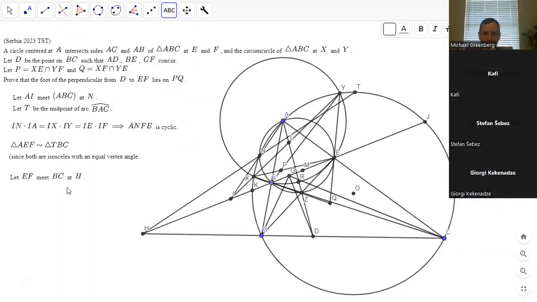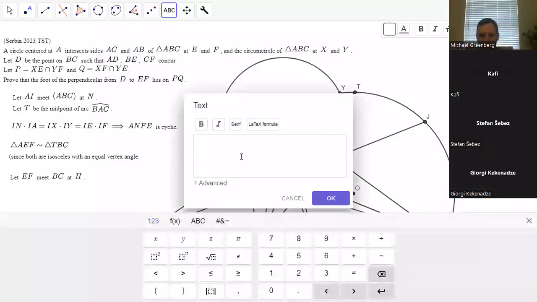Okay, so first, actually, I don't even know if I need point H really. We could just use the spiral similarity. Well, actually, I do want point H. Okay, so HBDC are harmonic. So BECF and AD concur, and that implies HBDC is harmonic.